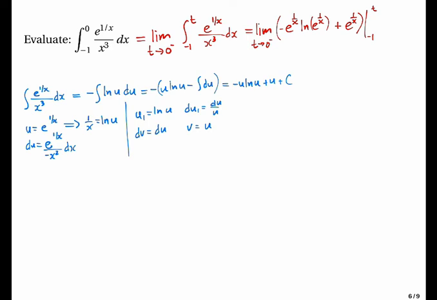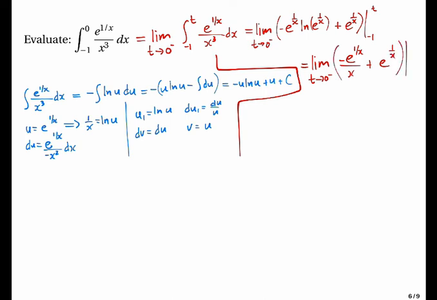And of course, ln of e to the 1 over x is just 1 over x. So let me rewrite that again. We will have the limit as t approaches 0 from the left of negative e to the 1 over x, and then plus e to the 1 over x evaluated from negative 1 to t.